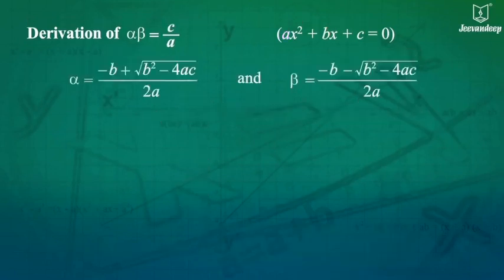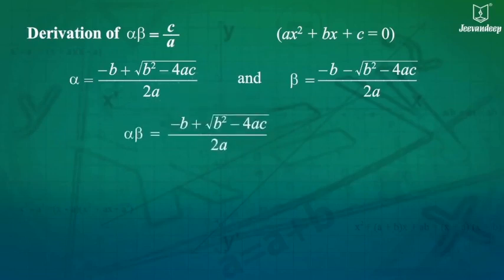Multiplying the values of alpha and beta, we get alpha into beta is equal to (minus b plus root b square minus 4ac) upon 2a into (minus b minus root b square minus 4ac) upon 2a.